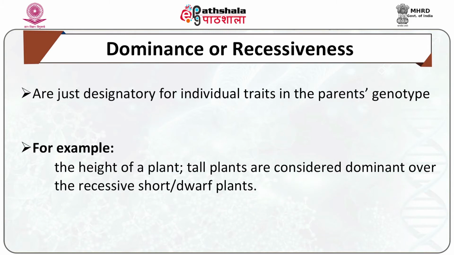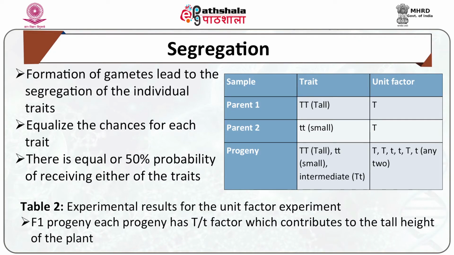We should remember that the terms dominant and recessive are just designatory for an individual trait in the parent's genotype. For example, if we consider the height of the plant, tall plants are considered dominant over the recessive short or dwarf plants.